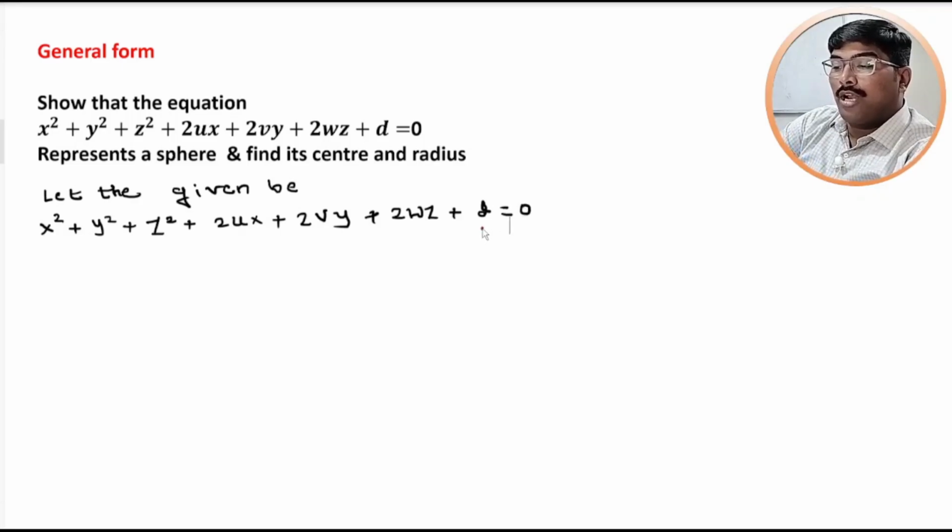Now you have to transpose this d to the right hand side. It will be replaced by minus d.